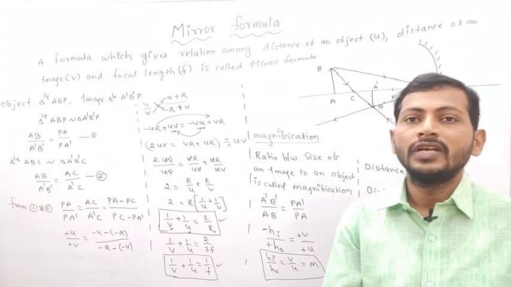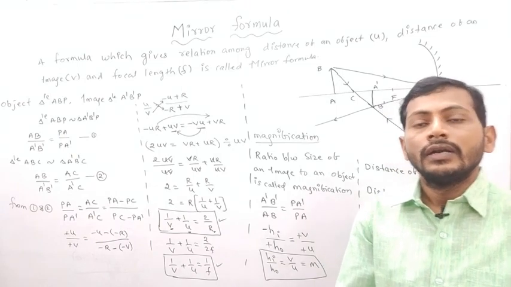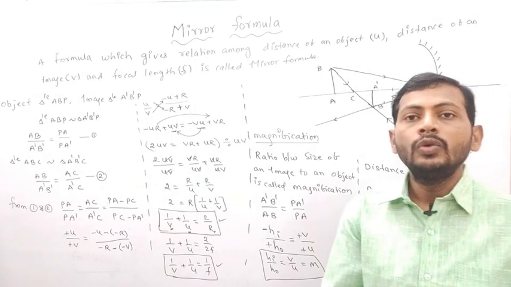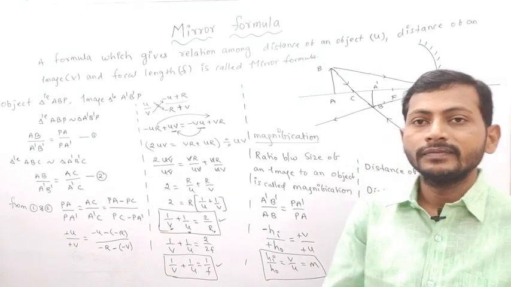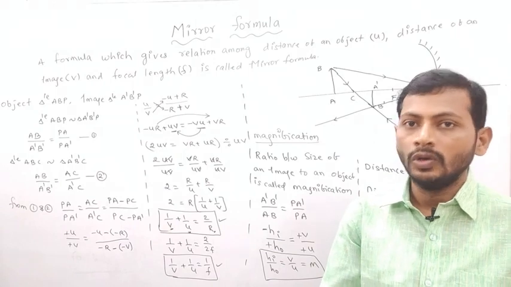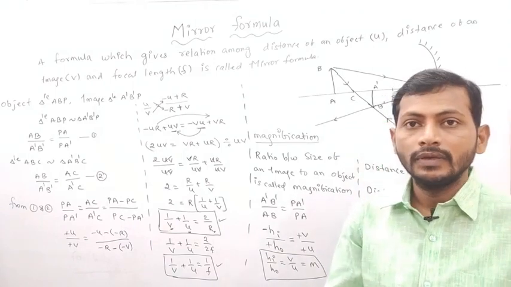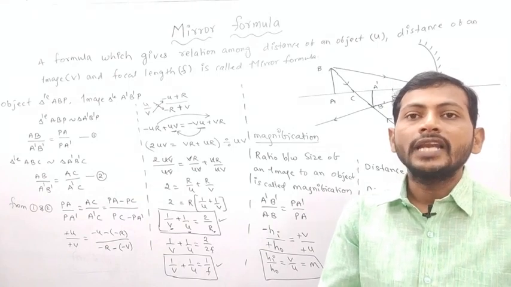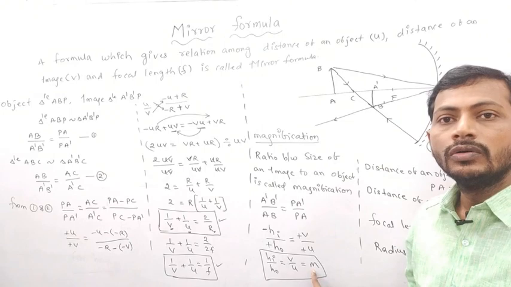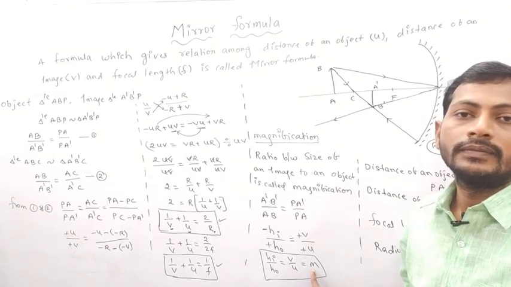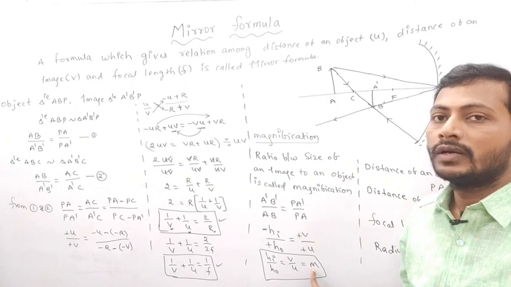A class 10 boy is doing an experiment with a concave mirror. He got magnification, means m equals minus 1.